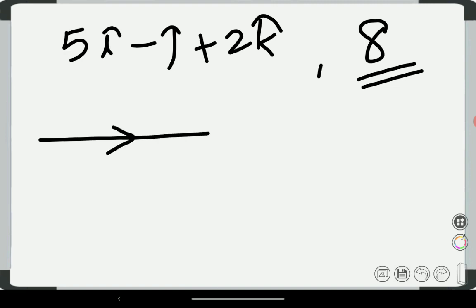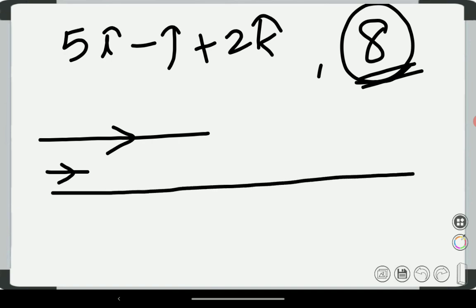Now we have to write another vector in the same direction having magnitude 8 units. That's the question. So what do we do? We first find a unit vector in the same direction. Then if you multiply by 8, we will get a vector of magnitude 8 in that direction.